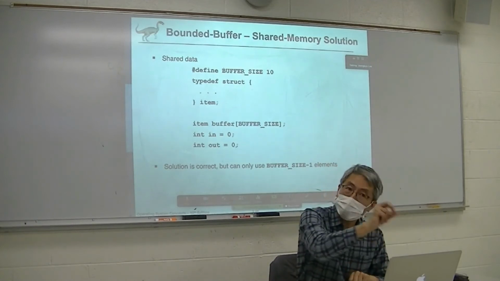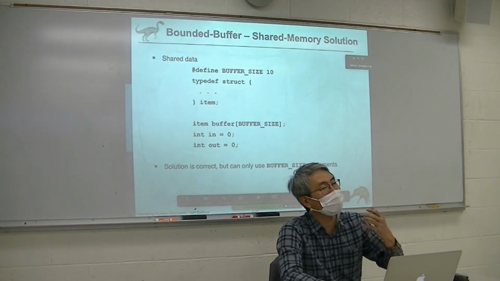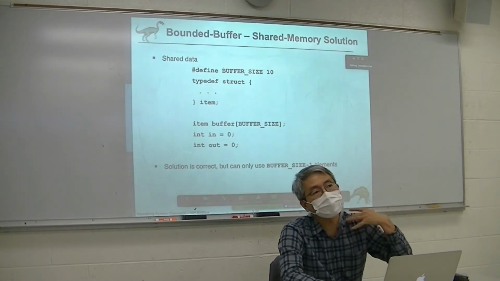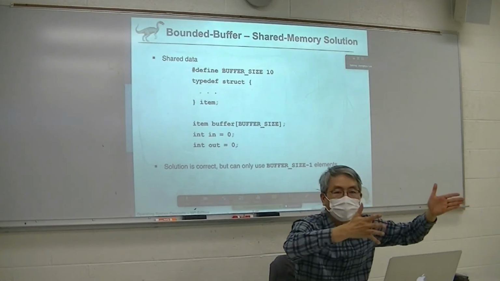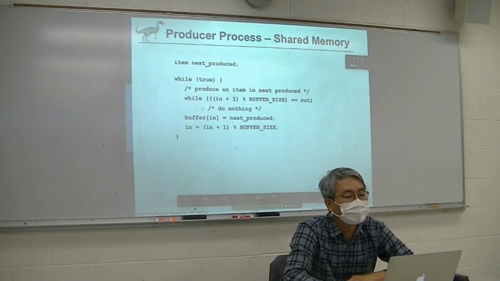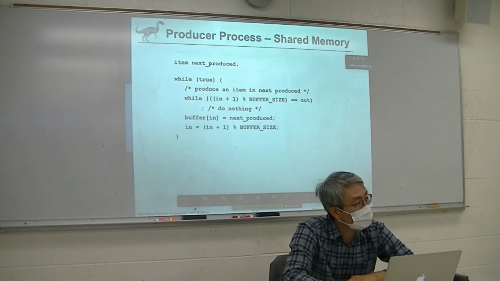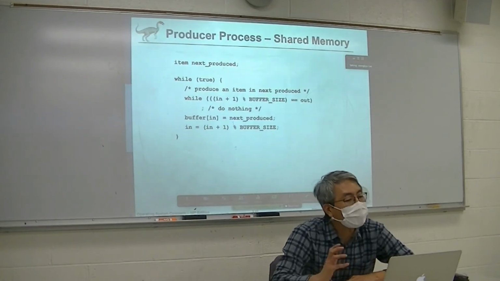Consumer reads the data, which means it reduces the buffer. Depending on the types of buffer, you can create the unlimited buffer, the limited buffer, and the zero size buffer like that.